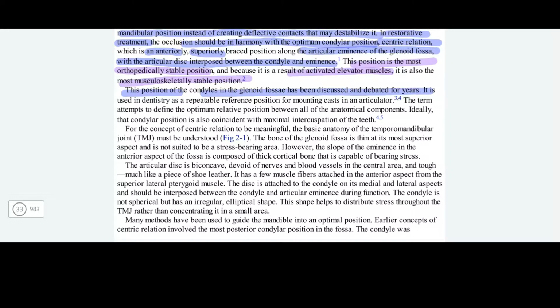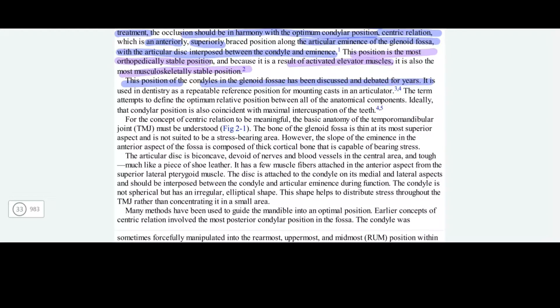We explain the important sentences. It's used in dentistry as a repeatable reference position for mounting casts in an articulator. That's the important sentence.